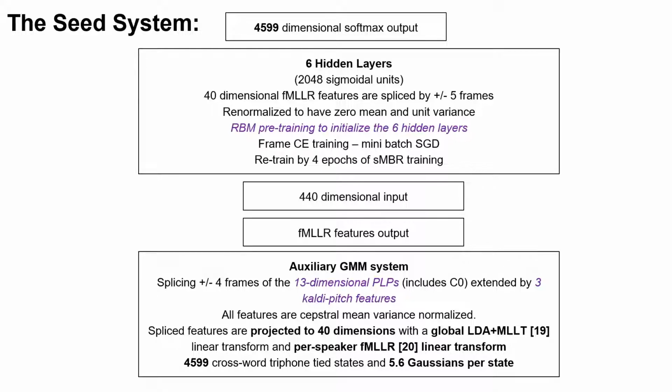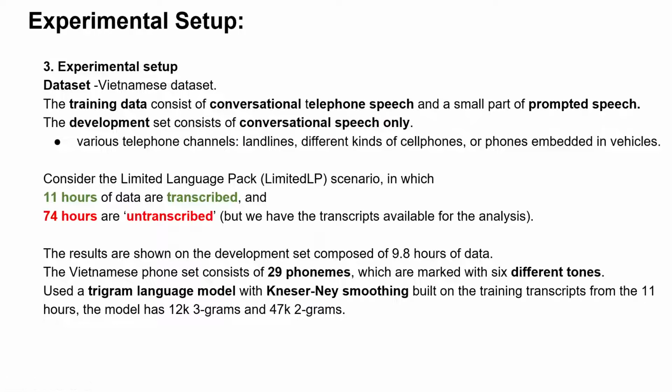RBM, restricted Boltzmann machines, have been used in many applications for initializing the hidden layers, and then the training is done with frame-level cross-entropy using mini-batch SGD, and then it is retrained using minimum Bayes risk training. After that you get an output of 4599 dimensions, which is the softmax output which you get.